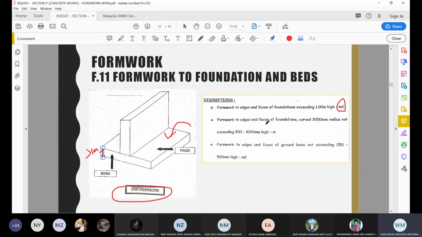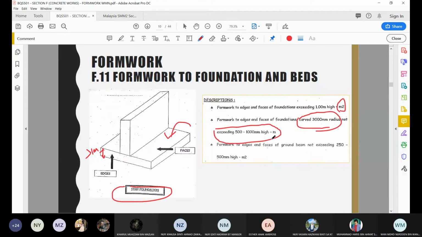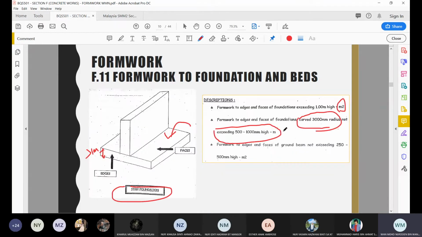Situasi dia sama juga macam tadi, cumanya satu situasi kita ada curve, and another one is not exceeding 1 meter high, and it is under the category of 500 to 1 meter high. So unit dia adalah meter.